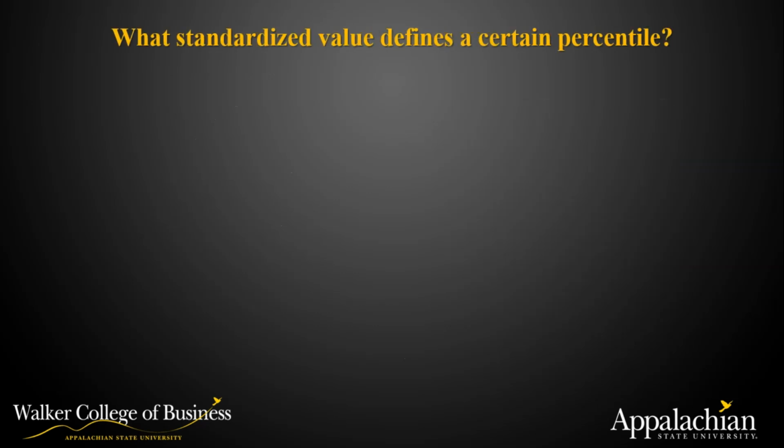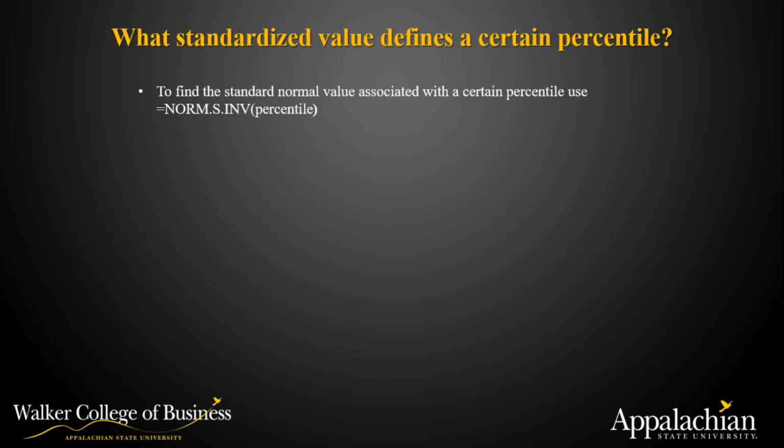Similarly, we can find out what standardized value defines a certain percentile by using the equals norm.s.inv function and providing the percentile. So again, we're talking about a z that's normally distributed with a mean of 0 and a standard deviation of 1.